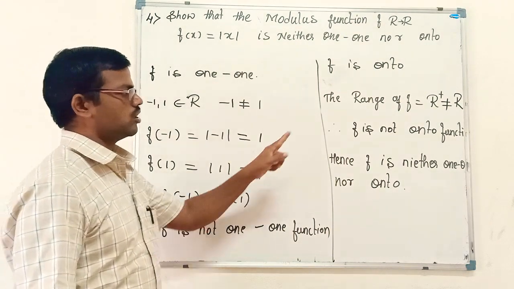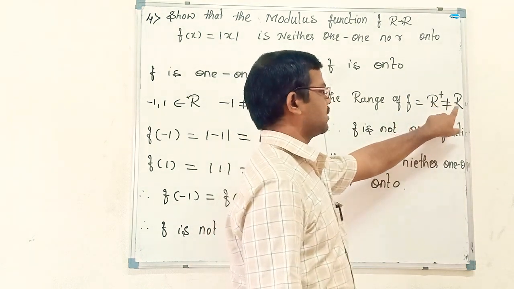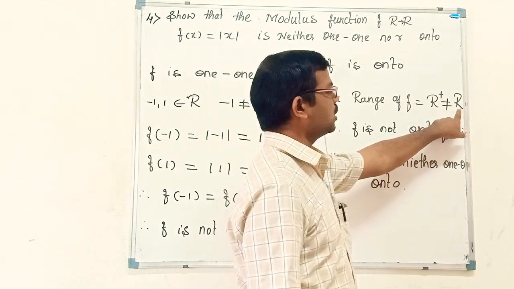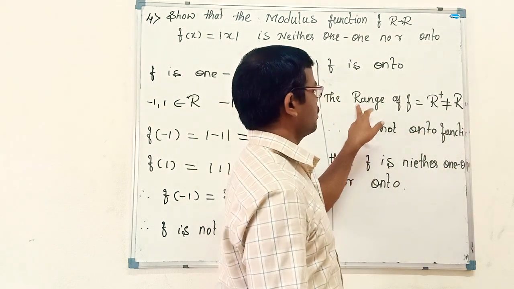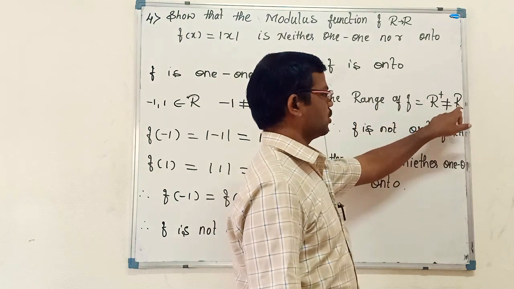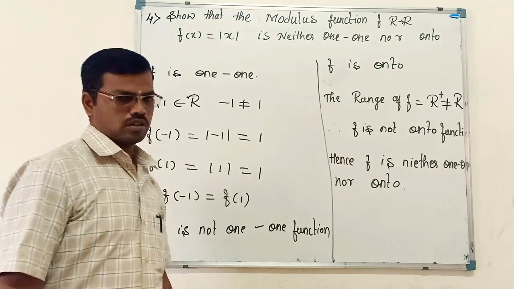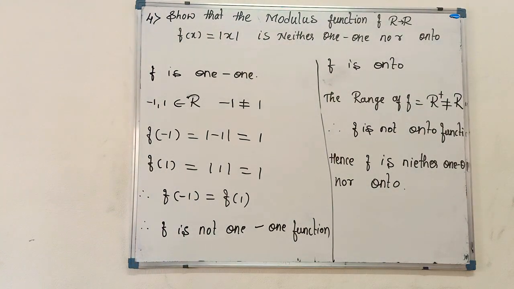The range of the modulus function is the positive real numbers, which is not equal to the real numbers. So the range of the function is not equal to its codomain. If the range of the function is not equal to the codomain, then f is not an onto function.